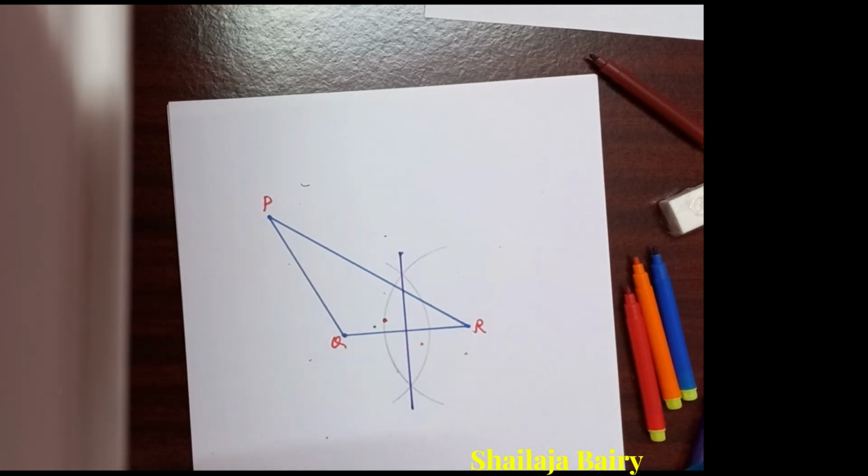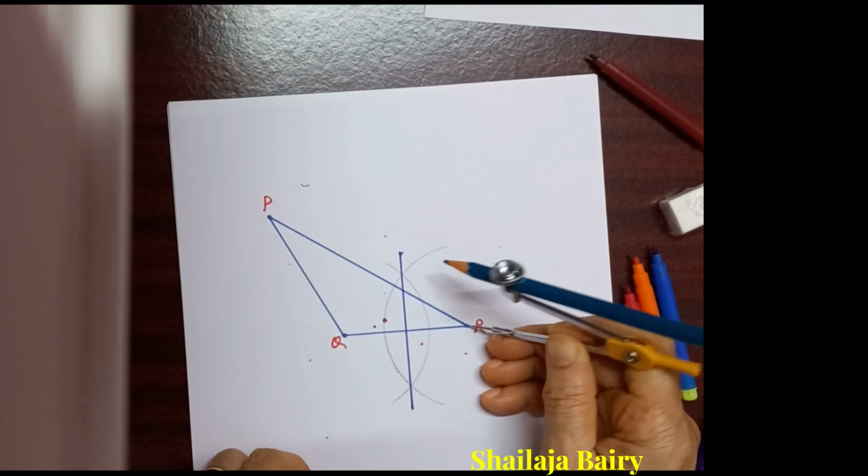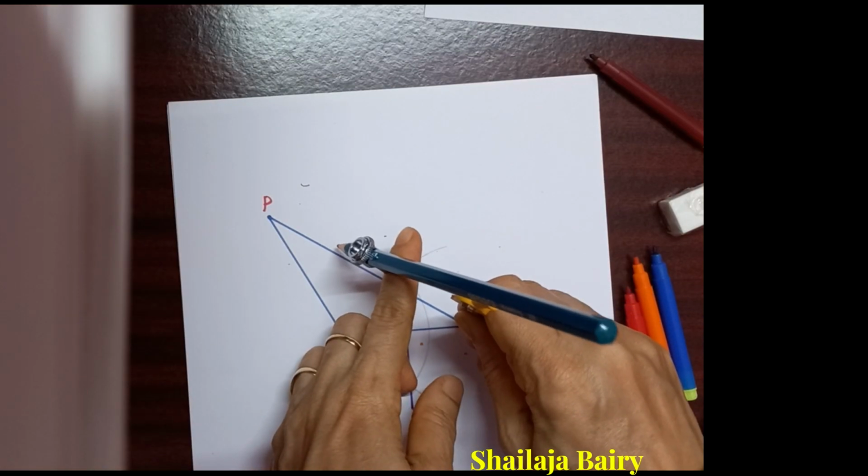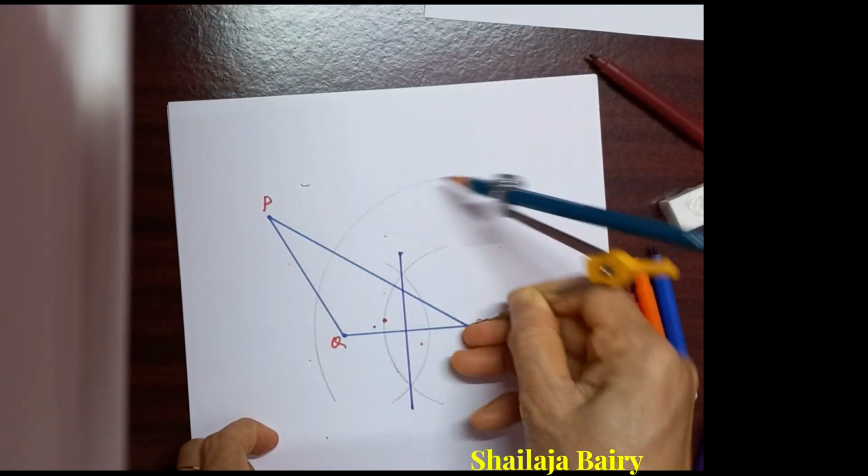And now let me bisect PR, more than half of PR, and draw arcs.